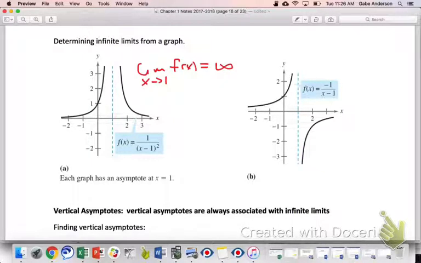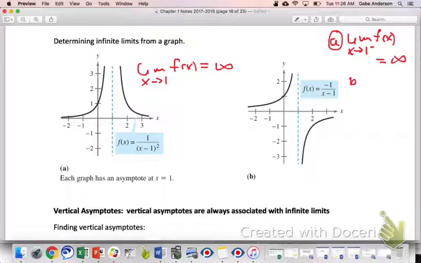If we were to ask this question, let's go 3 questions here. If I were to say A, limit as x approaches 1 from the left of f of x, what would you say? Infinity. As you approach from the left, it's increasing without bound, so infinity, just like we looked at a second ago.